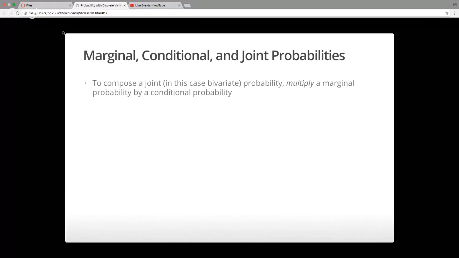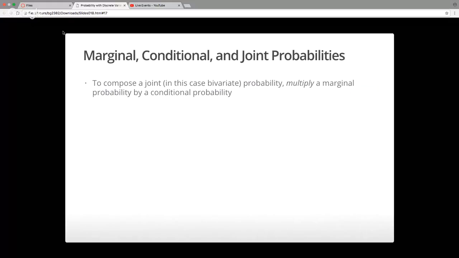Okay, let's review it a little bit. Marginal, conditional, and joint. So to compose a joint, in this case a bivariate probability, we're just doing two things right now. But in general, we could construct a joint probability of any number of things. Let's just focus on the case with two rolls in bowling. To compose a joint probability, you multiply a marginal probability by a conditional probability.